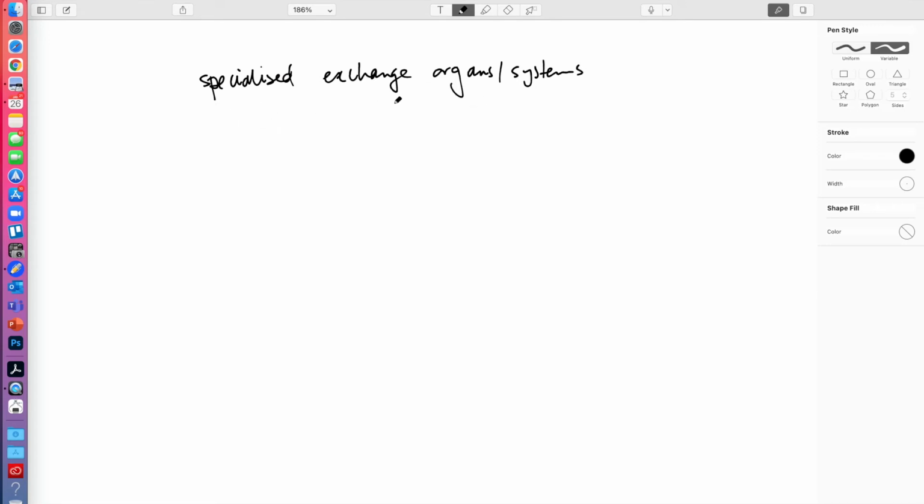Well, these specialized systems all have one huge feature, which is they all find a way to increase the surface area beyond what you'd think. If you look at that organism and just look at its surface, the surface area achieved by these exchange organs is much higher than what you'd think simply looking at that organism. Okay, what do I mean by that? Well, let's just fill this in first. So their key feature is that they have a high surface area.